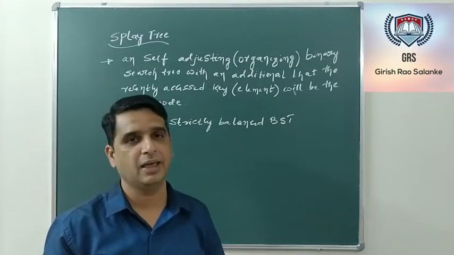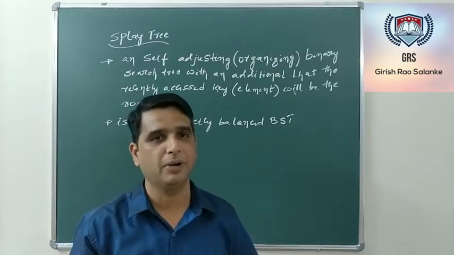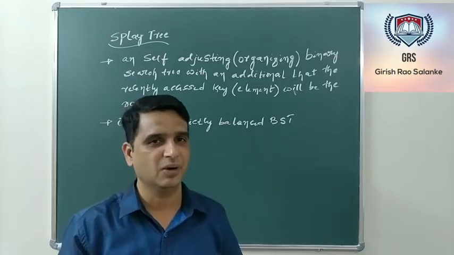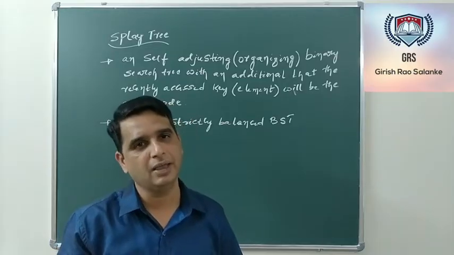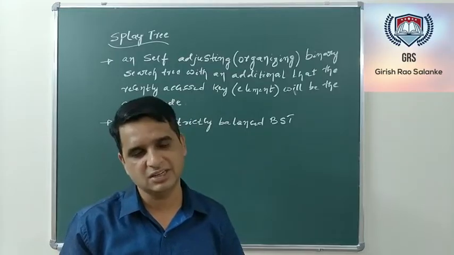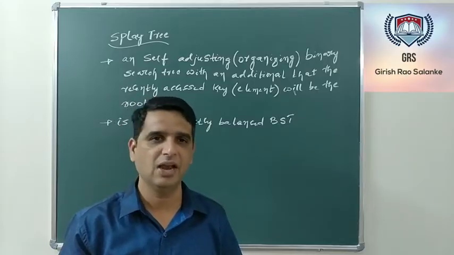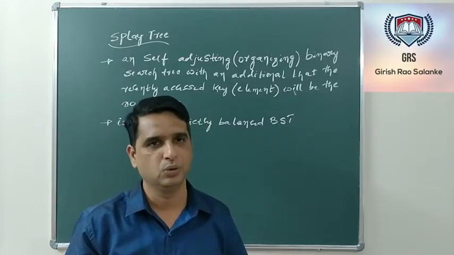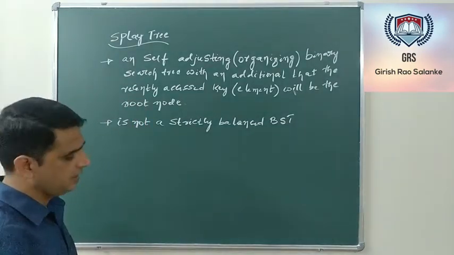The amortized time means the average over n operations; if that is taken into consideration, then the amortized time would be log n time. But it is not a strictly balanced binary search tree as compared to an AVL tree or a red-black tree or a 2-3 tree. So this is the second point about the splay tree.